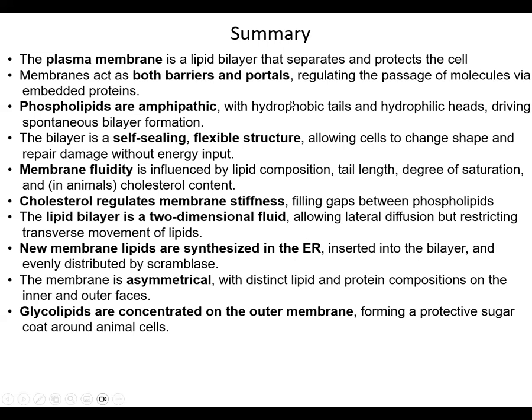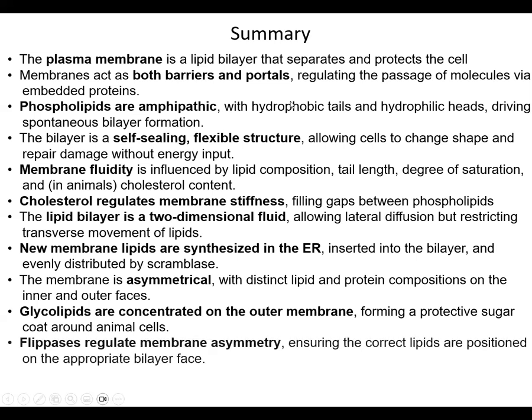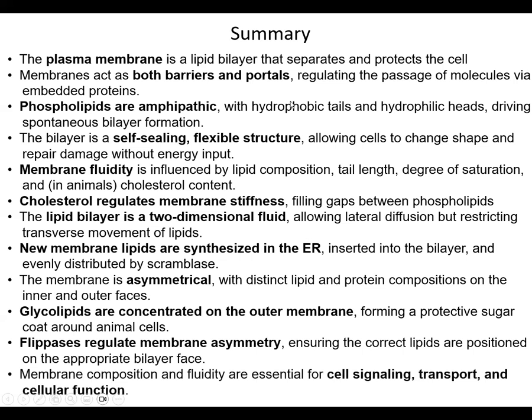Glycolipids are membrane lipids that have sugars added to them. Glycolipids are concentrated on the outer membrane to form that protective sugar coat, and Flip-ACEs will always be used to get membrane components to their right face, to their right leaf of the bilayer, if and when they should happen to transversely diffuse. Overall, membrane composition and fluidity are essential for life.